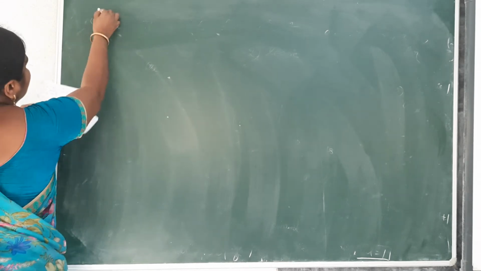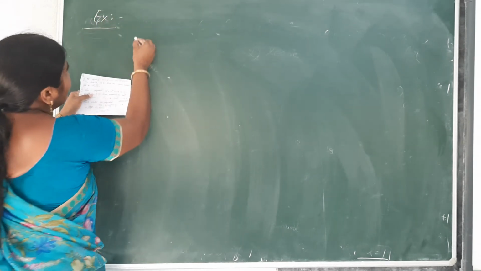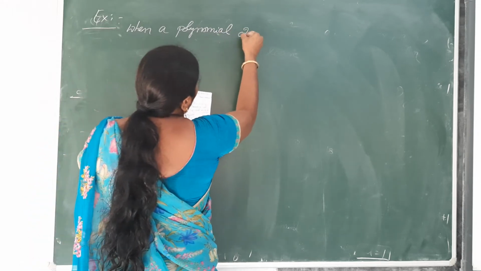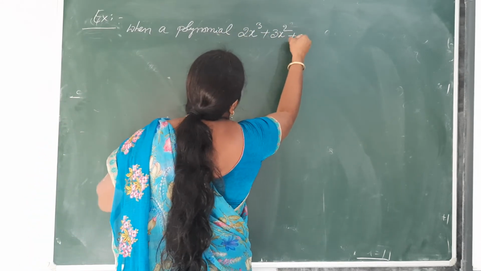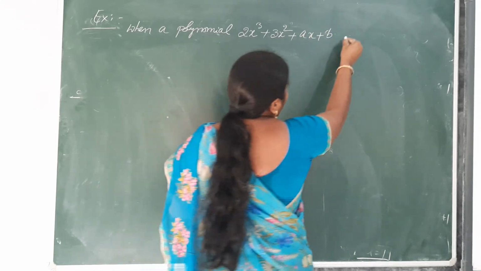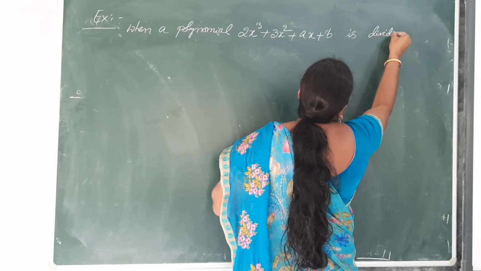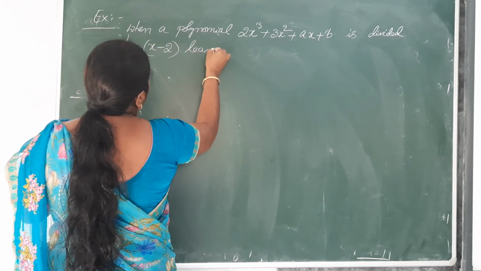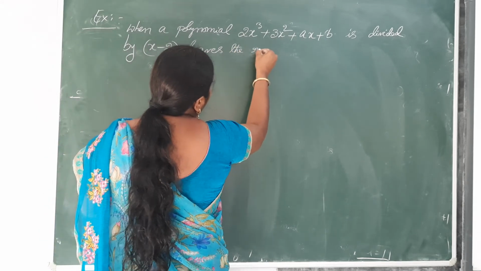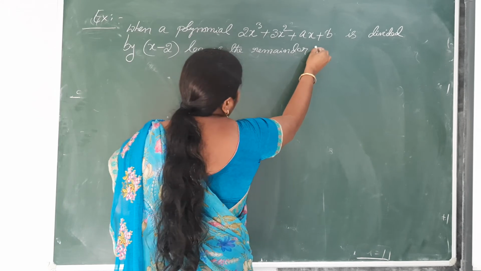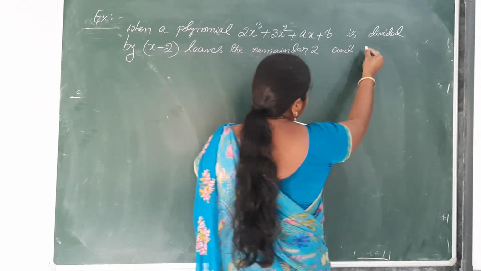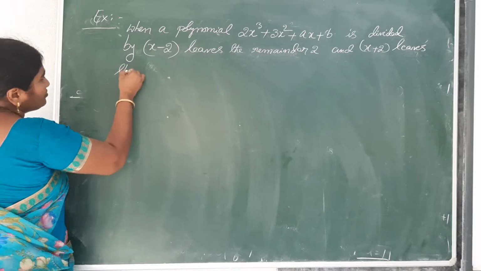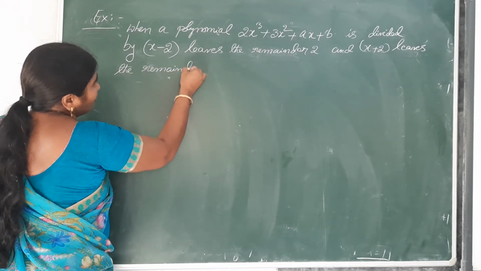Let us see another problem. When a polynomial 2x cube plus 3x square plus ax plus b is divided by x minus 2, it leaves the remainder 2, and when divided by x plus 2, it leaves the remainder minus 2.